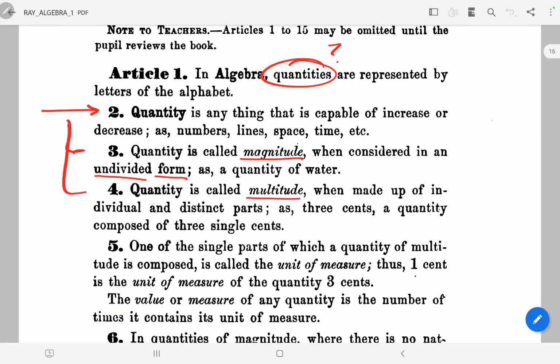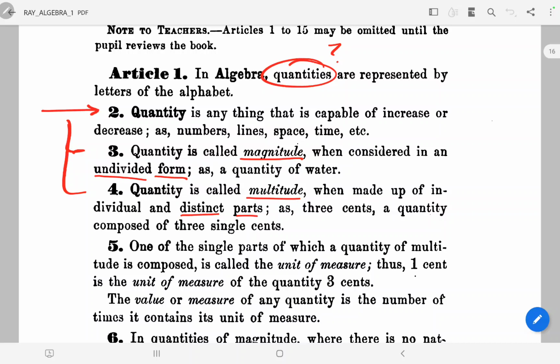Article 4, a quantity is called a multitude when made up of individual and distinct parts. A magnitude is one body. A multitude is a collection of individual bodies, individual and distinct parts.